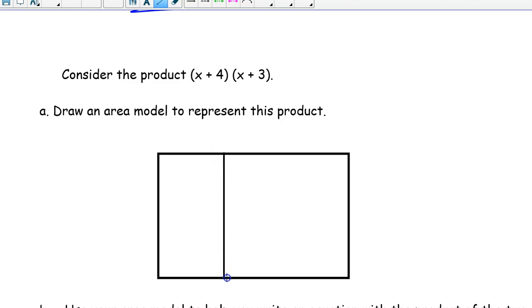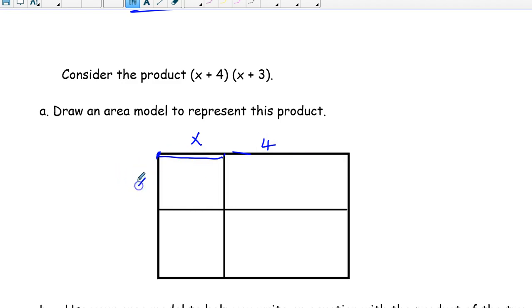Let me call this x plus 4, and x plus 3. Okay, this is x and that is 4. The distance from this corner to that line is x, and next x plus 4, this second part.